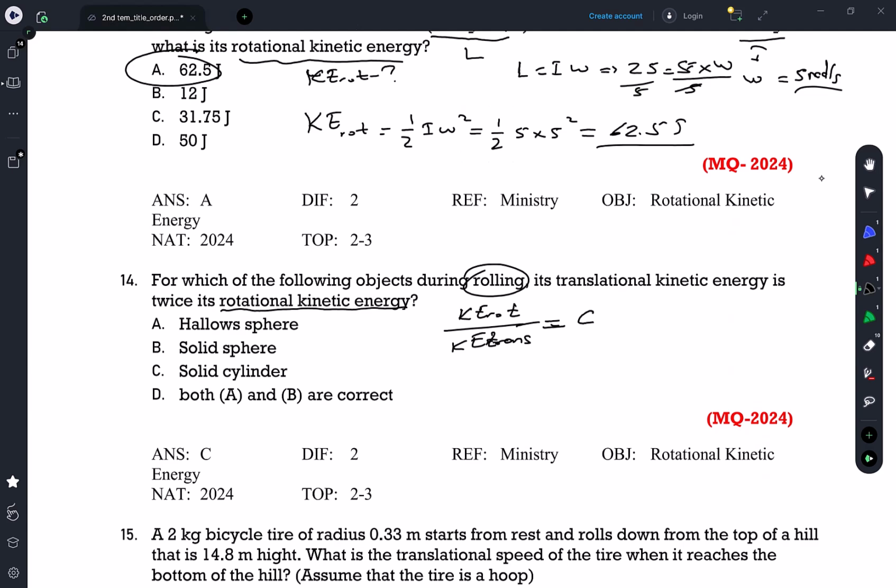Question says translational kinetic energy is twice rotational kinetic energy. If rotational kinetic energy is 1, translational is going to be 2. Let's see, which shape has a coefficient 1 over 2? Hollow sphere is 2 over 3. Solid sphere, 2 over 5. Solid cylinder, 1 over 2. So C is the correct answer.